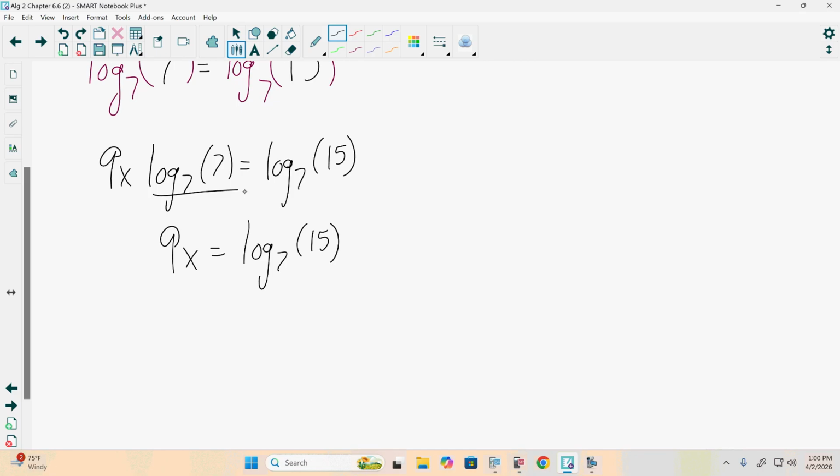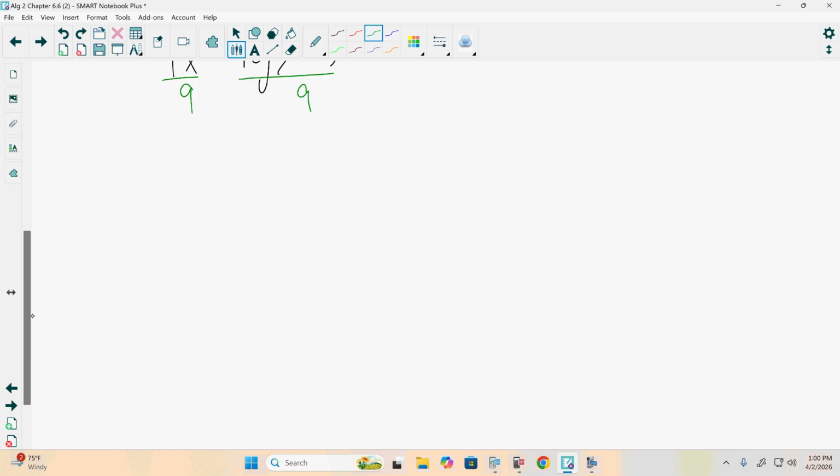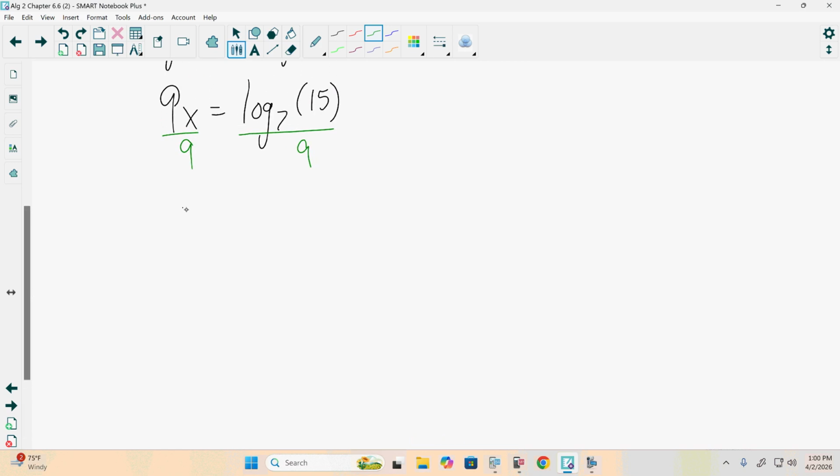Yes? X is by itself, so we're done, correct? Oh wait, x is not by itself, is it? What do we need to do to solve for x now? Divide both sides by 9. So 9x divided by 9 would be x.